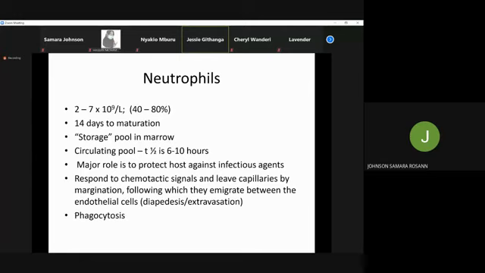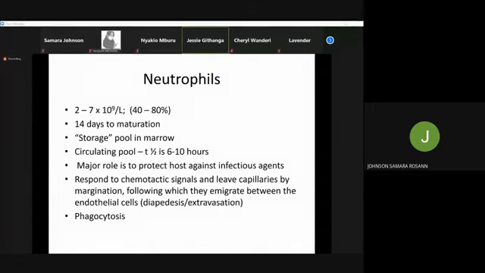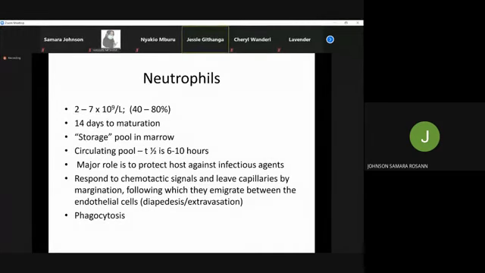The circulating neutrophils do not stay long in circulation. They age, they are quickly removed, and at the same time, others are coming. But we have this storage pool, mainly in the marrow, but we also have some in tissues, that can allow for a very rapid response to infection.